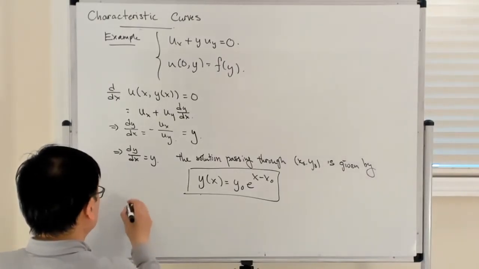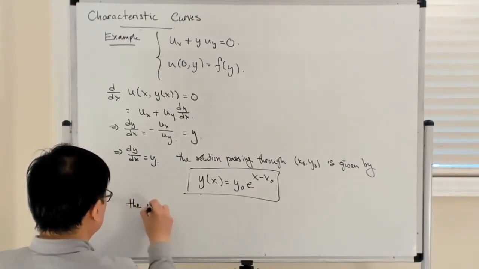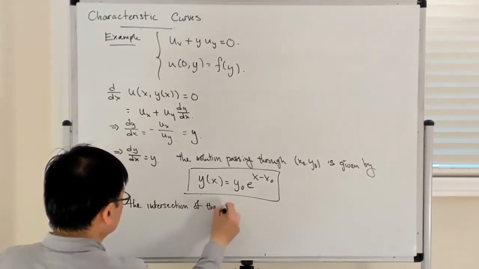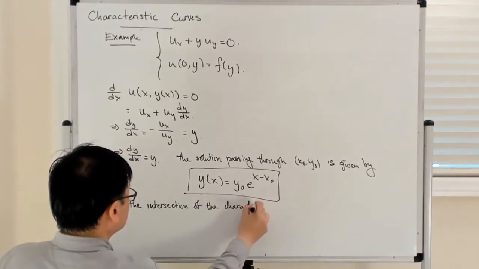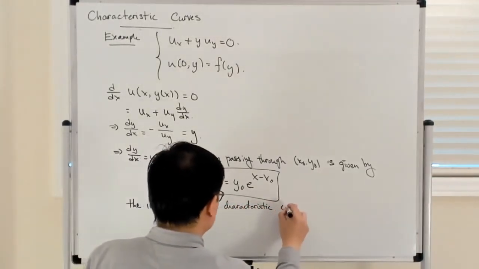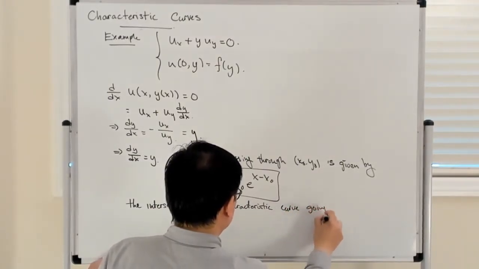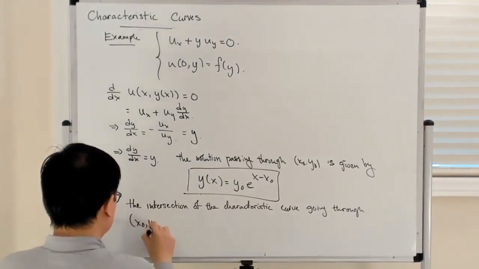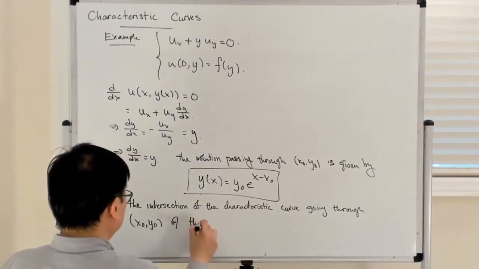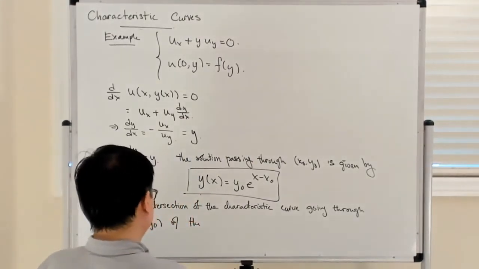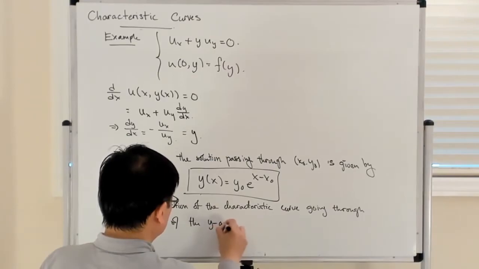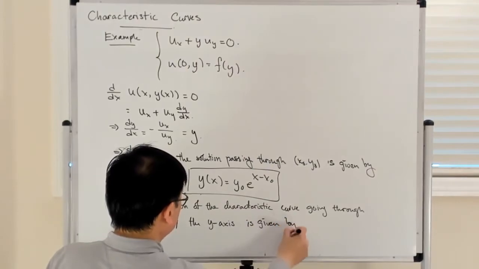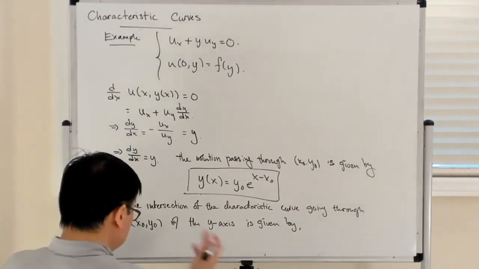So the intersection of the characteristic curve going through x0, y0 with, excuse me, the y-axis, where the data is given by the condition that x is equal to 0.